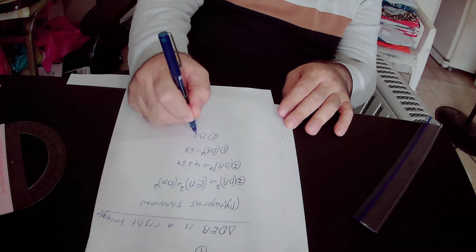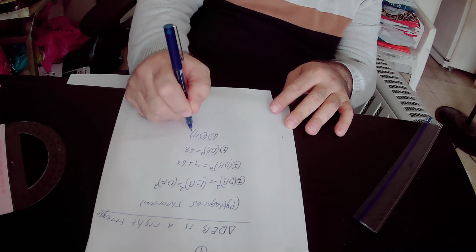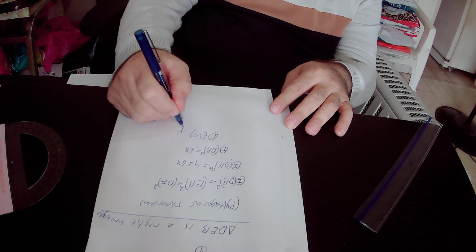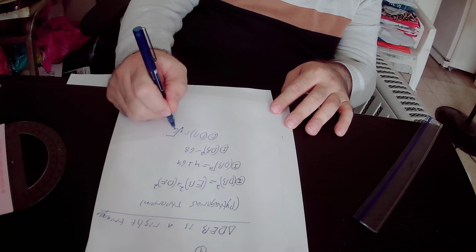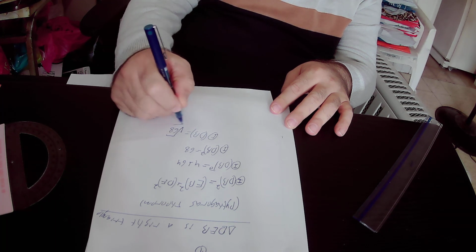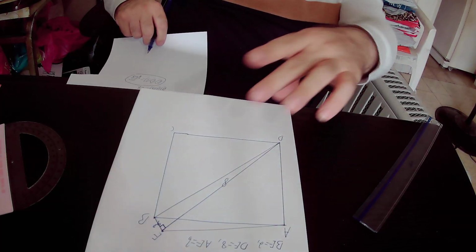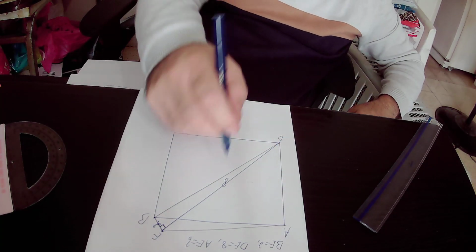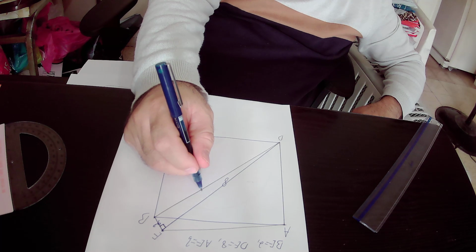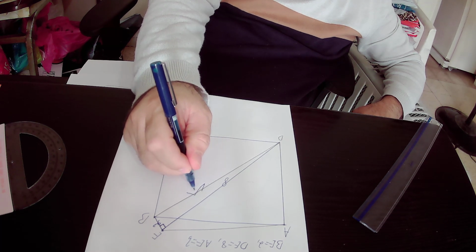Here we will take a root out of equation number 1 and we will get that DB equals the square root of 68. Okay, we found out that DB equals the square root of 68, so I will write here that DB equals the square root of 68.